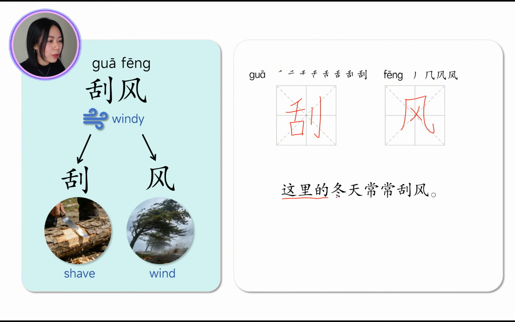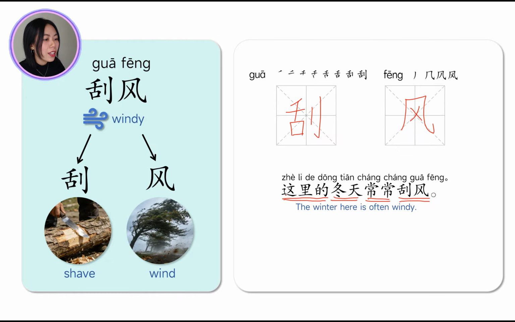这里的冬天常常刮风。这里 here. 的 could be a possessive marker or an adjective marker. It's kind of like the 's in English. 冬天 winter.